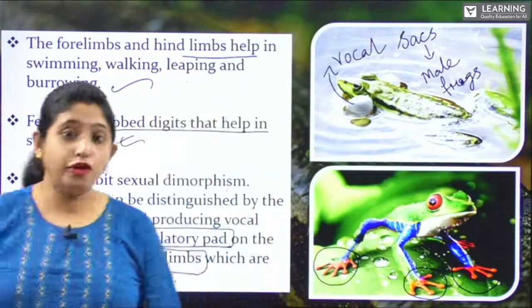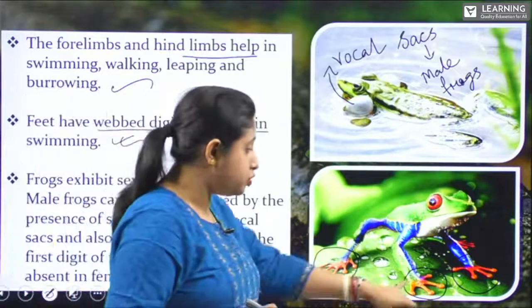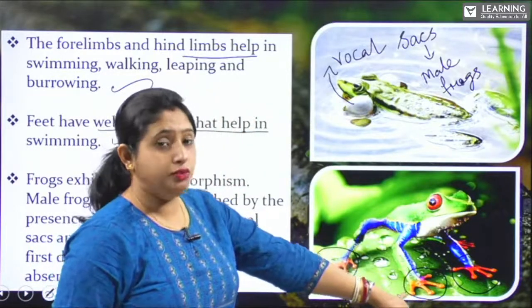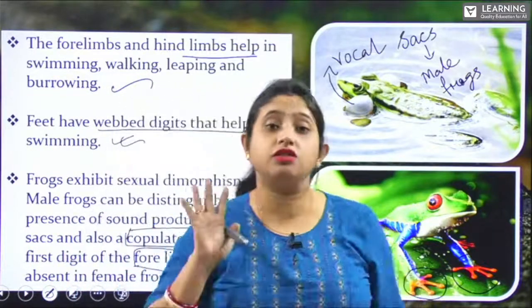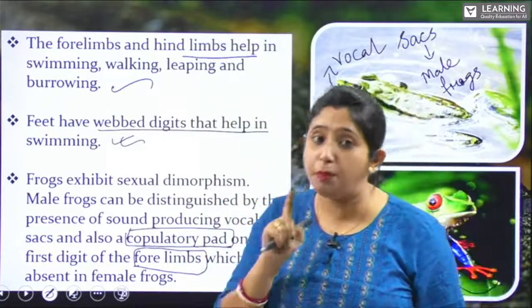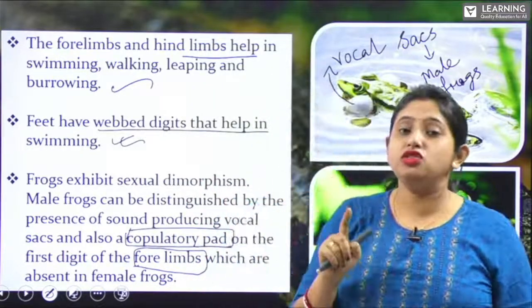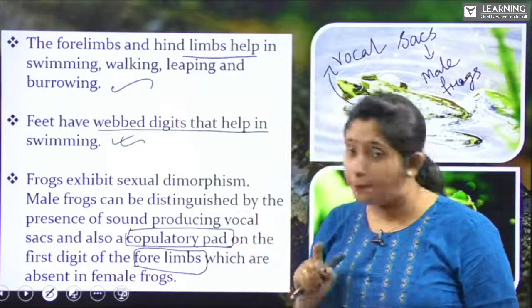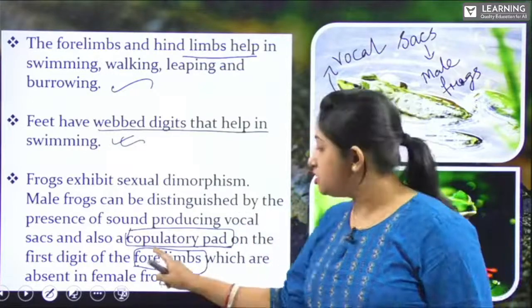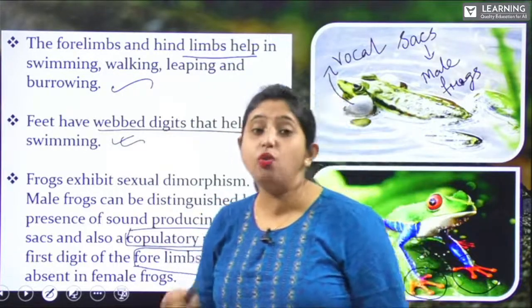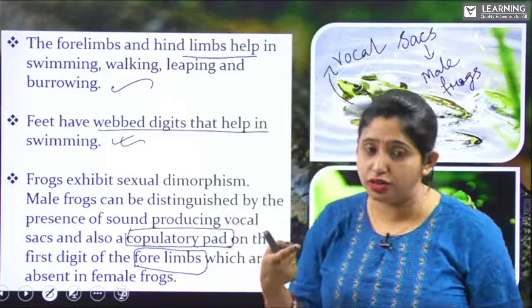So in the forelimbs of the male frog they have a pad, and that pad is known as the copulatory pad. What is the use of these copulatory pads?